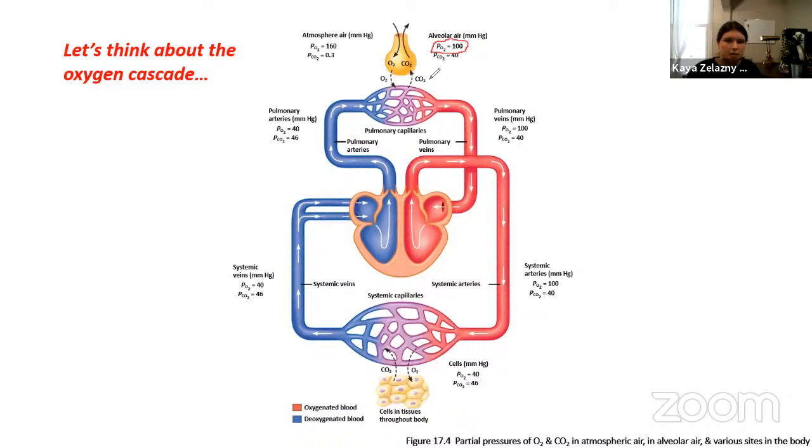Then as the blood leaves the lungs and goes back to the heart, it's still 100. As it goes out to our system, the systemic arteries, still 100. The next time we're going to see a change is the next time we have gas exchange, which is happening in the tissue. The way we get from 100 to 40, which we saw in our pulmonary arteries bringing blood to the lungs for oxygenation, is that our tissues are actively respiring.